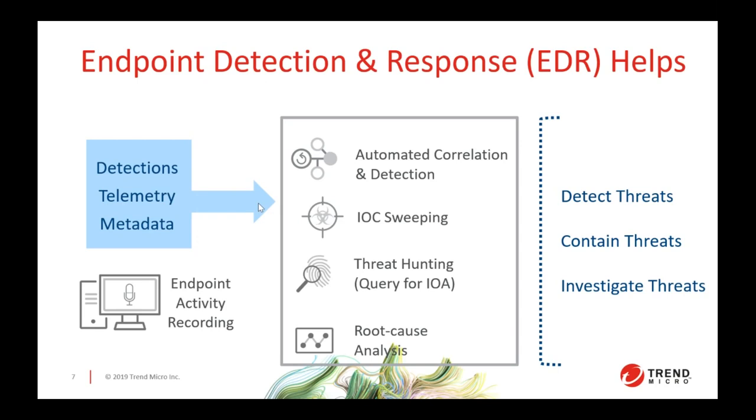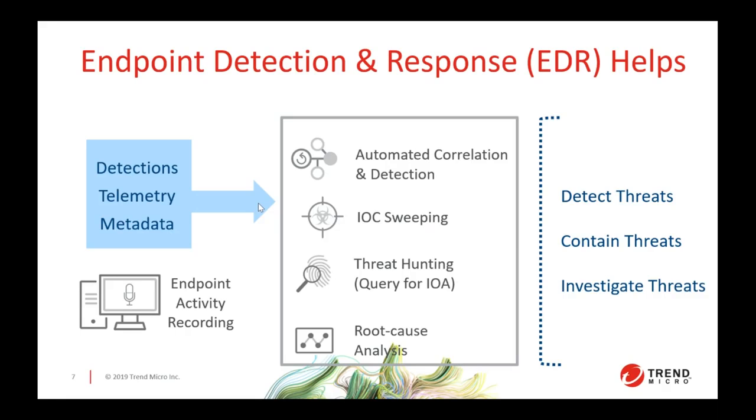Actually, the metadata, the telemetry data, the process details, and whatever activity is happening at the remote endpoint will be sent to the cloud based Apex management server, or the on-prem Apex management server. Then artificial intelligence and machine learning techniques will be applied for correlation, and in this way the automated correlation and detection will happen.